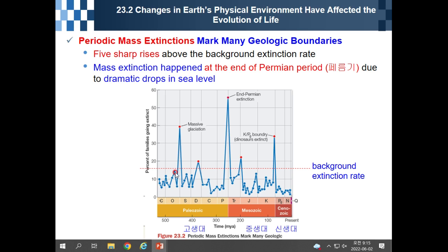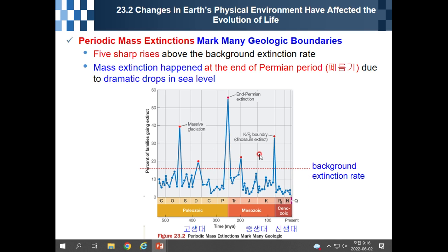For example, in the Paleozoic, they make the C period, then the O period, S period, D period. Usually we call this level, around 15, the background extinction rate.